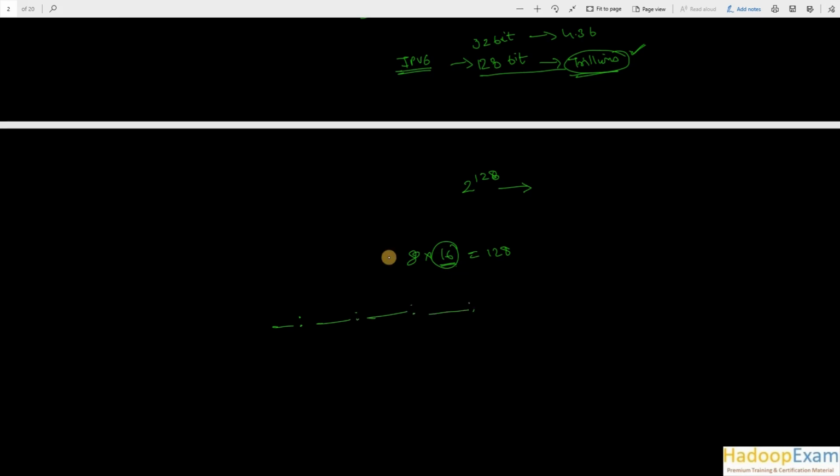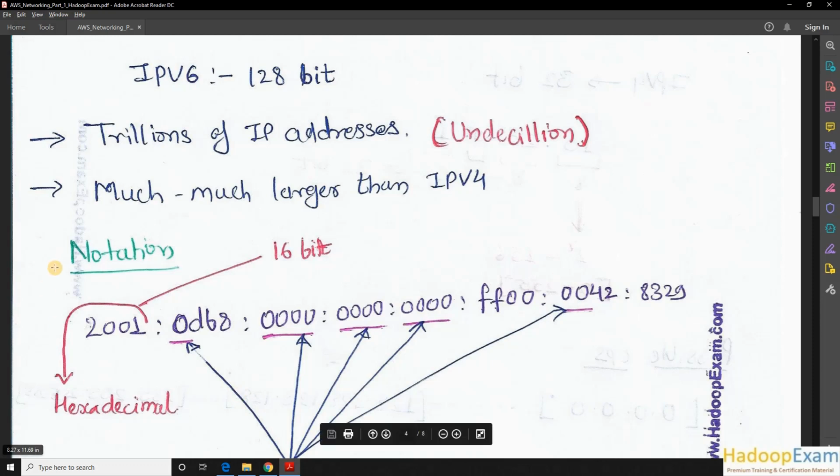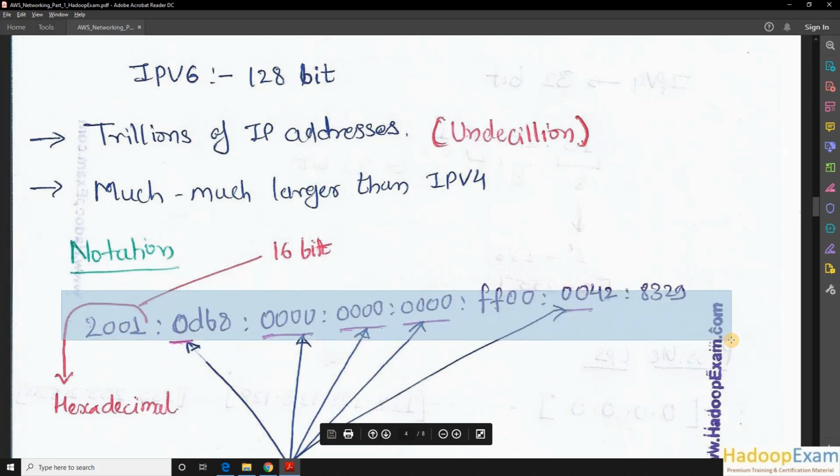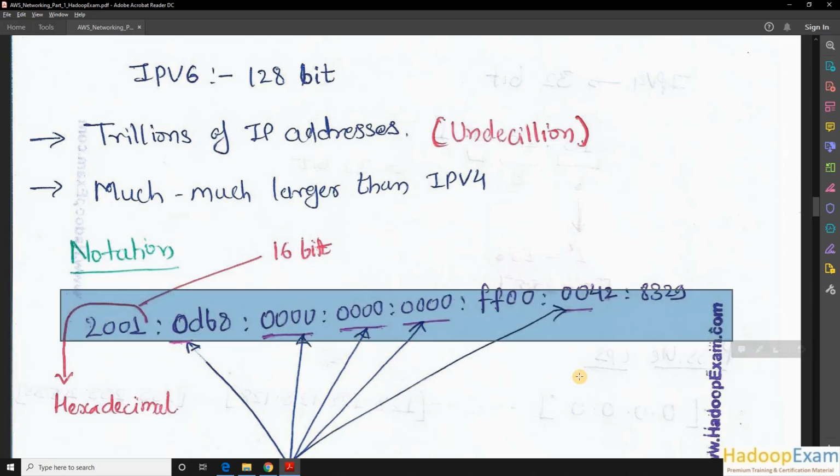So this is the difference. These are the 8 blocks. Here in this example you can see this is 2001, this is another; this way we have represented 8 blocks. Each one is 16 bits.